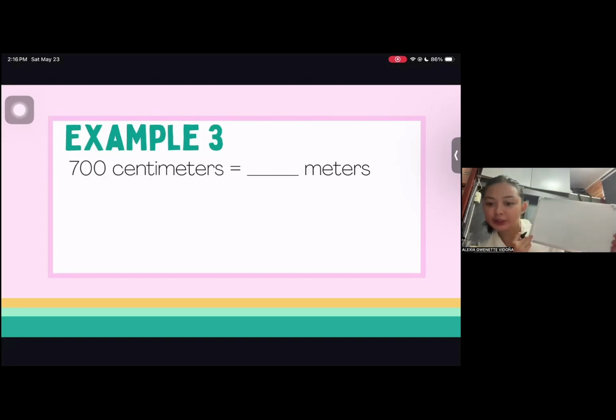For our last example, 700 centimeters equals blank meters.